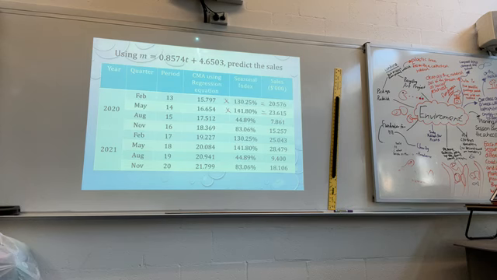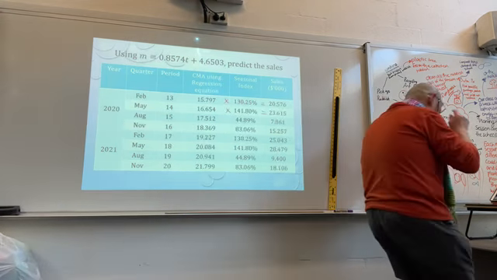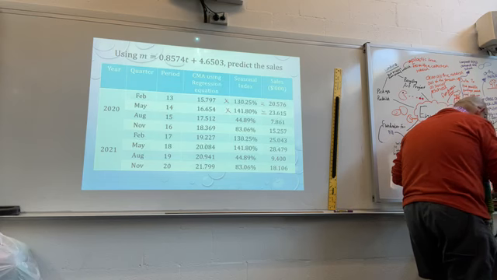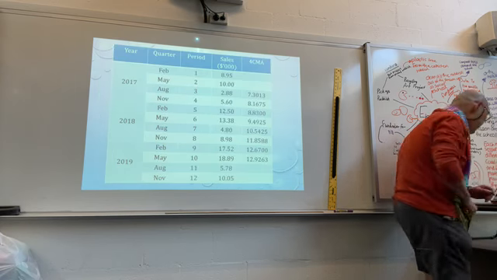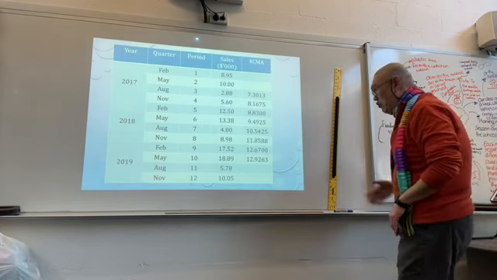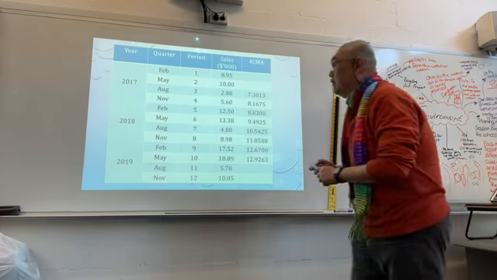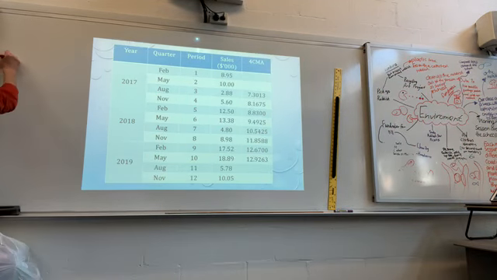If you've done a couple, pause there for a minute because I'm going to go back and have a look at the original data. The original data, I have got 2017, 2018, 2019.